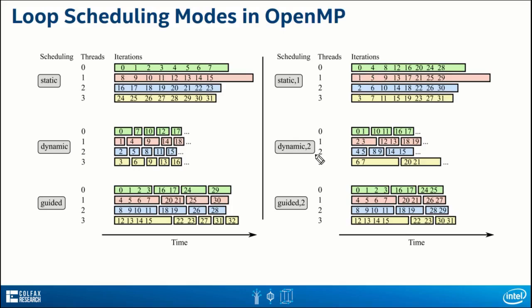In dynamic mode, the chunk size is how many iterations at least the scheduler is going to assign to every thread in every scheduling event. And finally, in the guided mode, chunk size is the minimum number of iterations assigned to every thread towards the end of the calculation.